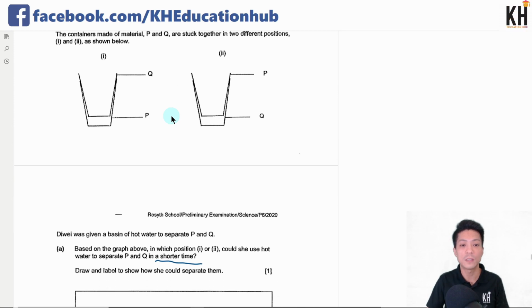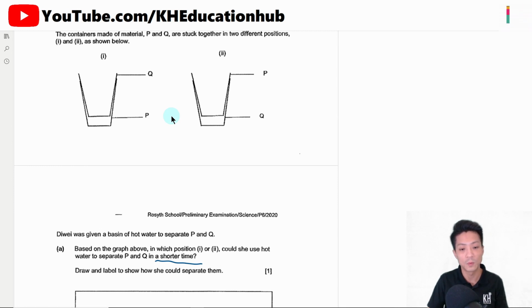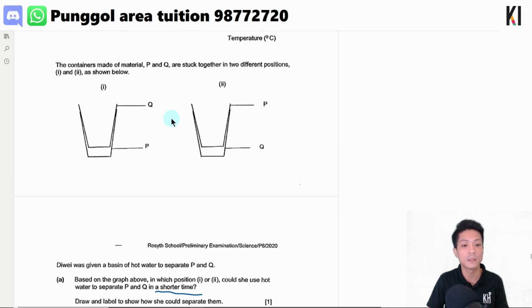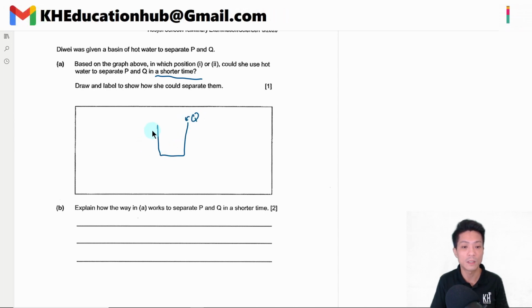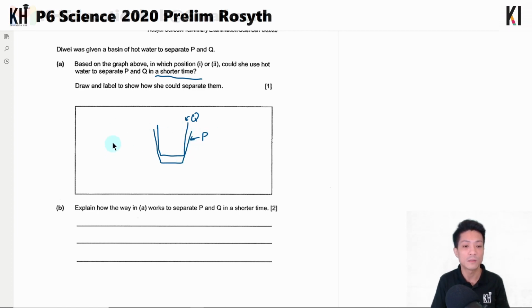Okay, so in this case, probably you want to use setup 1, or position 1, and put it in hot water. So I'm going to try and draw the cup. This will be Q, and then another cup outside, which is the P. Okay, and then put it in a basin of hot water.